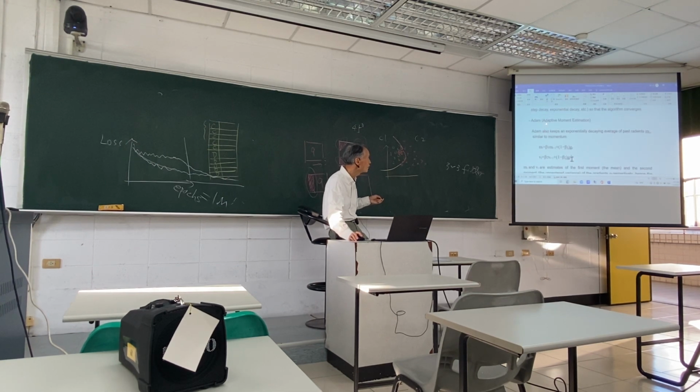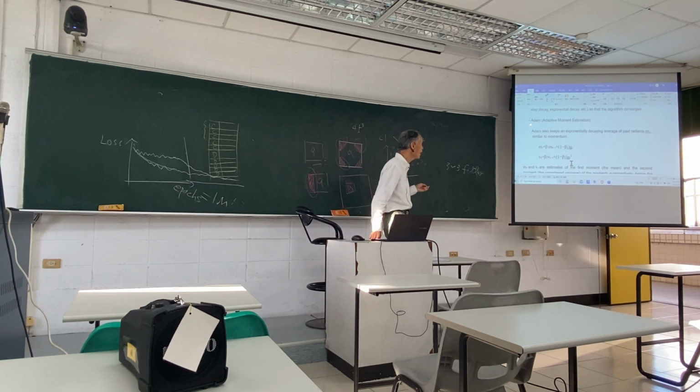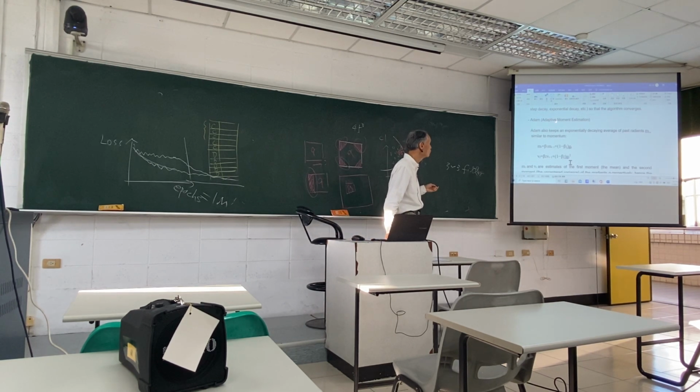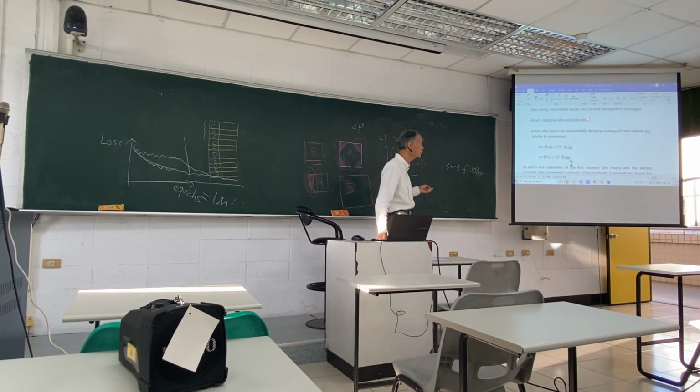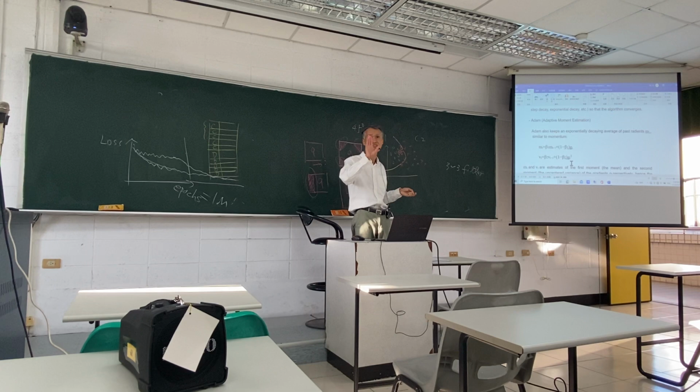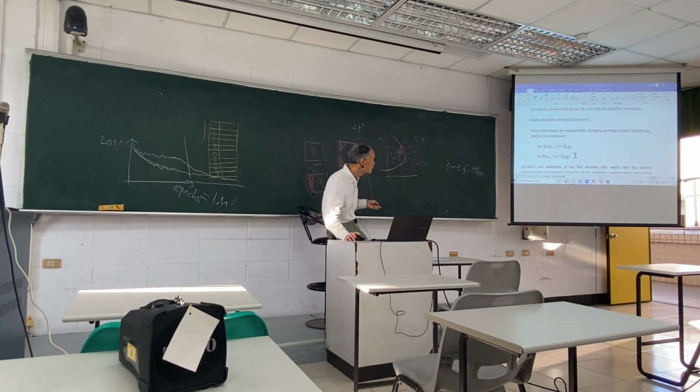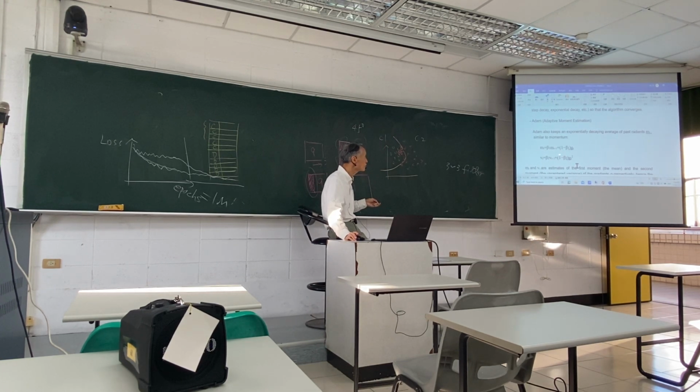The other one, which is highly recommended, is called Adam, adaptive moment estimation. Basically, it's gradient descent, but take a look. First, you calculate the gradient, and the power of the gradient.